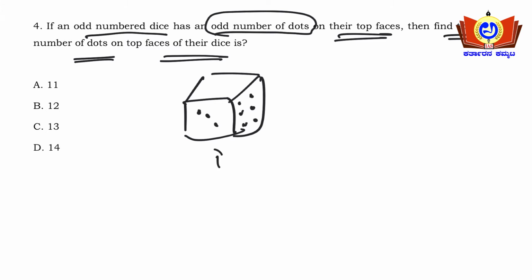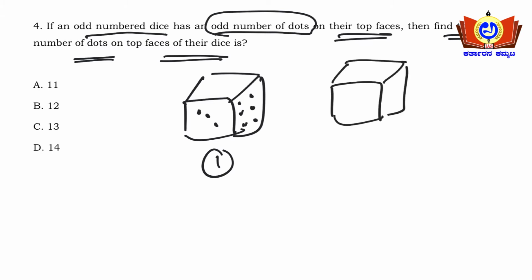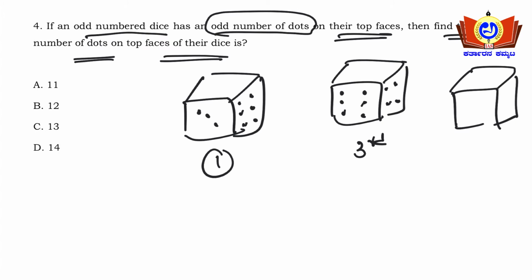This is the first dice, and the third dice is 6, 1 2 3 4 5 6, and 1 2 3 4, this is the third dice, and the fifth dice is 1 and 5. So this is the fifth dice.